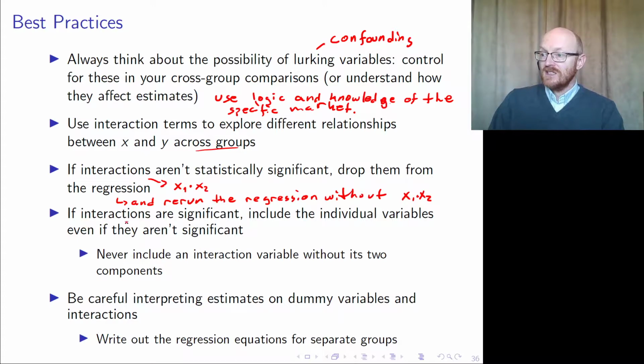But if interactions are significant, include the individual variables even if they aren't significant. Which means that you have to include x1 plus x2 in addition to the interaction term. And never include an interaction variable without its two components. Okay, that's a good rule.